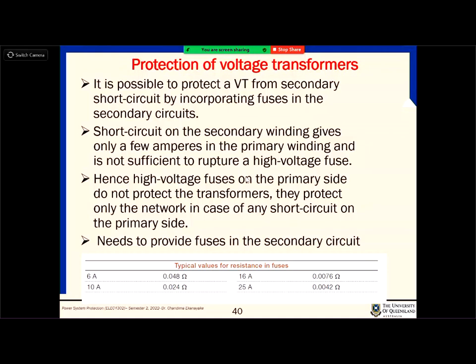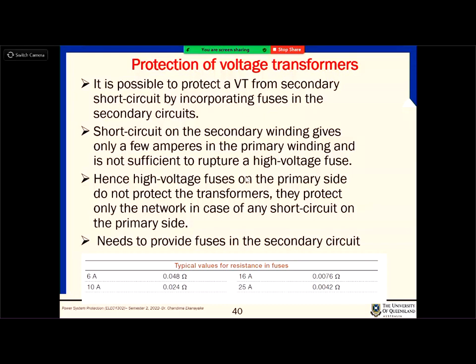Let's say you are supplying 100 MVA, and then you just take a couple of VAs from this, and then your secondary side of the VT is now short circuited. What happens, is the transmission line going to be melted?